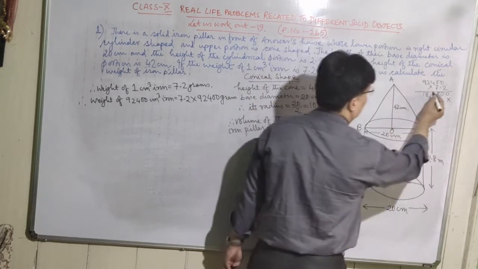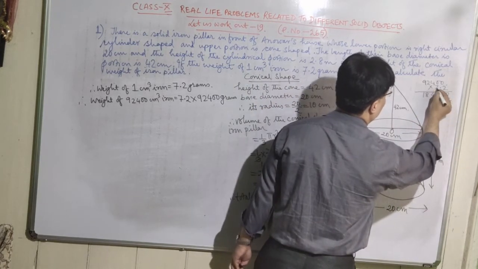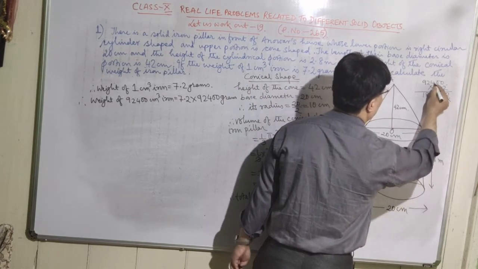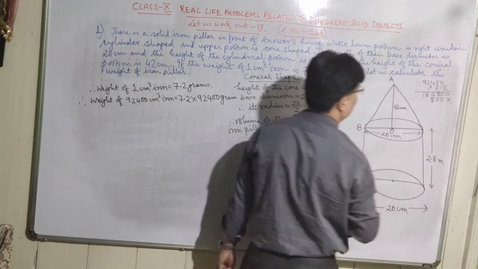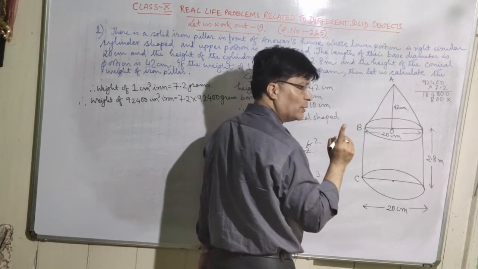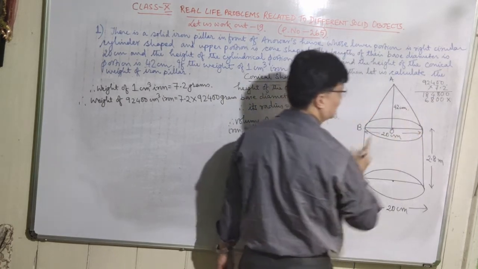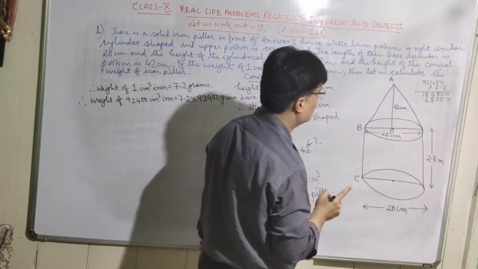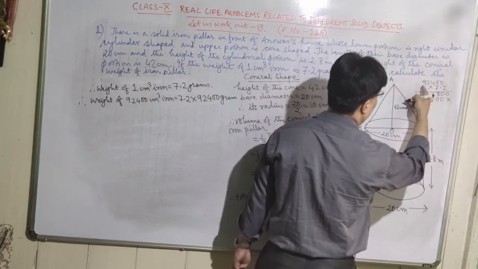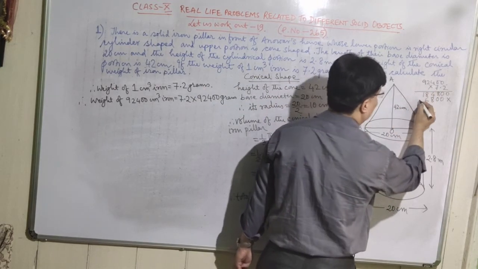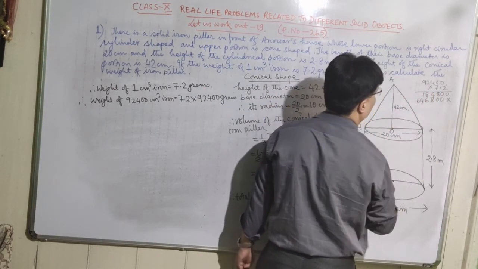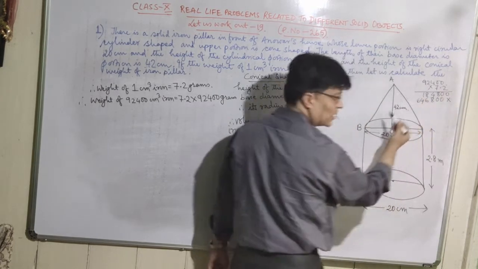Cross. Again 7 zeros are 0, 7 zeros are 0, 7 fours are 28, carry 2, 7 twos are 14, 14 plus 2 is 16, carry 1. 9 sevens are 63 plus 1 is 64. Is that clear?